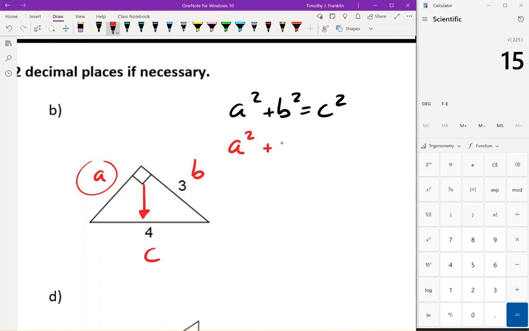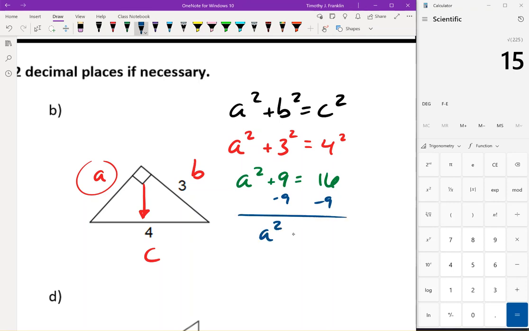But we know b is 3, so 3 squared, and c is 4. So a squared plus 9 equals 16. 3 squared is 9, and 4 squared is 16. And now we solve. Subtract 9. So a squared equals 7. And now we take the square root.